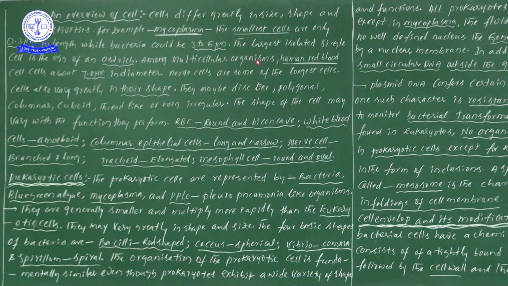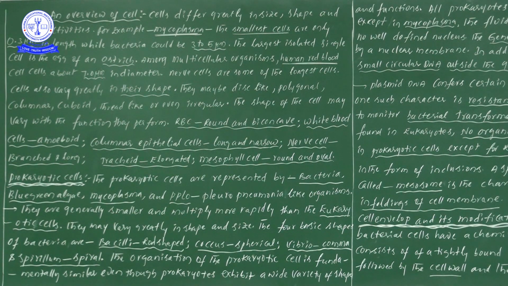Among multicellular organisms, the size of the human red blood cell is about 7.0 micrometer in diameter.